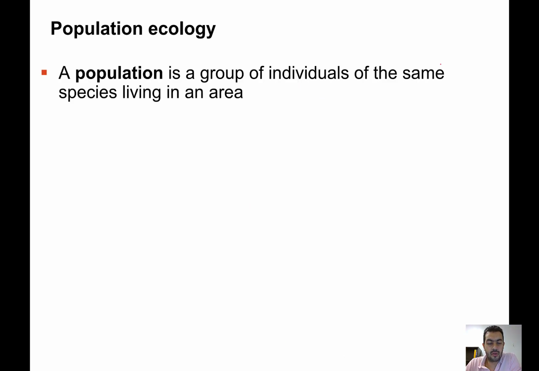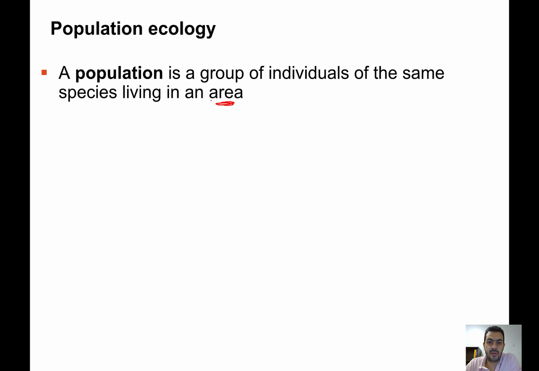So population ecology, first let's define a population. A population is a group of individuals of the same species living in an area. It could be the whole species, or it could be a chunk of a species, and also the area is not really defined, so it's up to the examiner in the study.